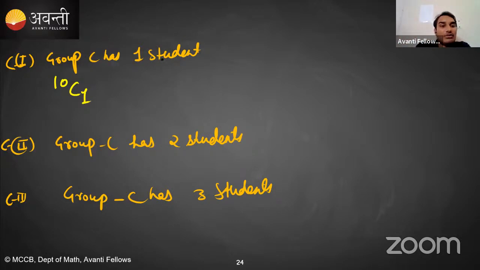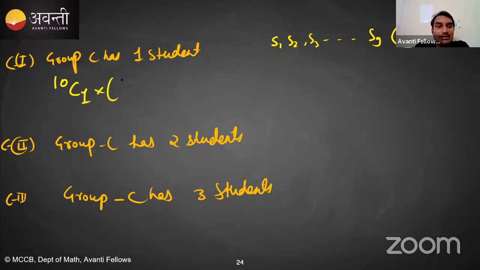Okay, so कैसे करोगे? Let's say S1, S2, S3 up to let's say S9, and मैंने बोल दिया S10 is in group C. 10C1 में एक केस आया, S10 let's say is in group C. So now you are left with 9 students.